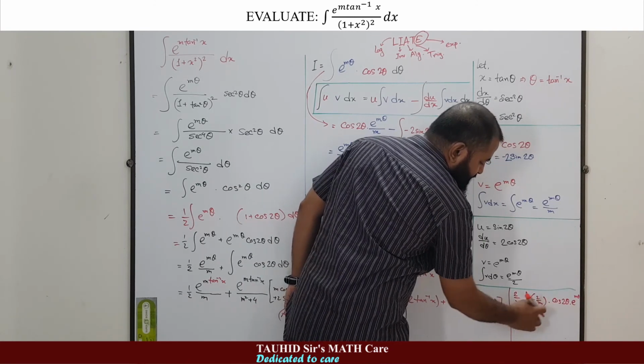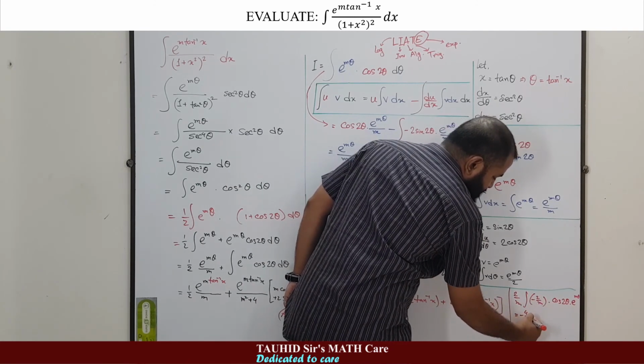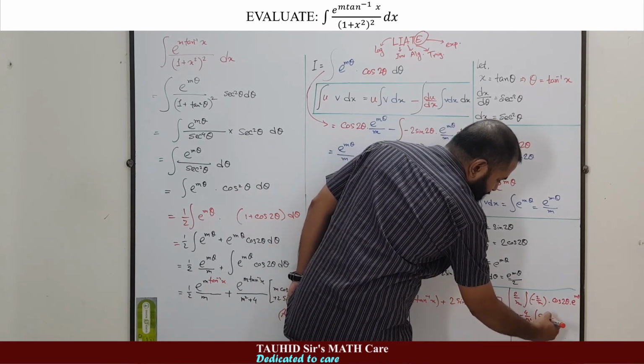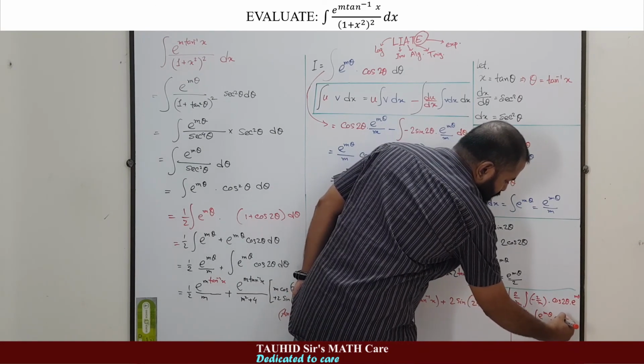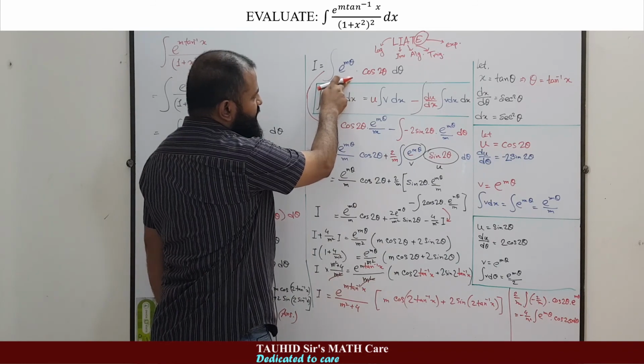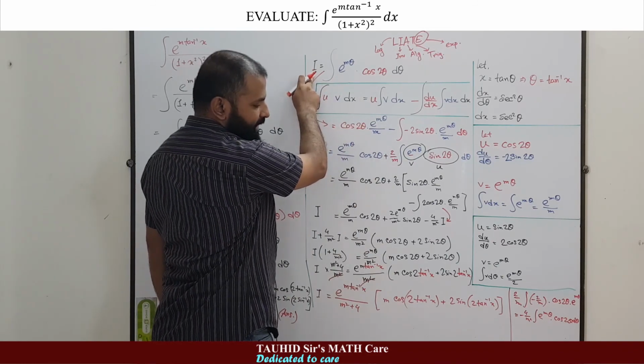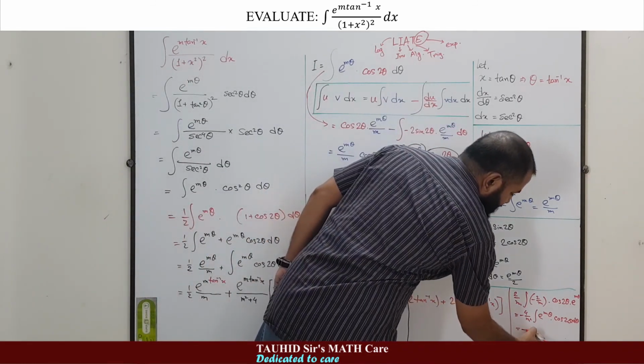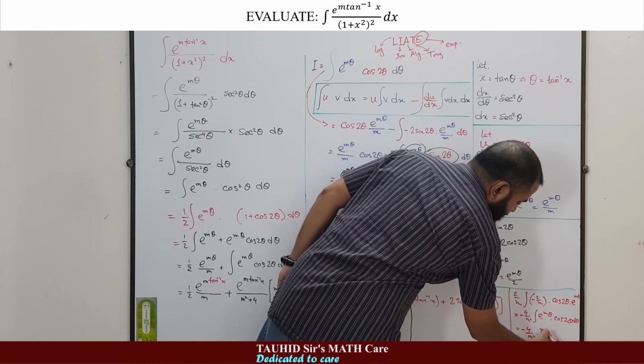I can bring this outside, minus 4 by m square integration of e to the power m theta into cos 2 theta. Notice here that we assumed e to the power m theta cos 2 theta to be I. So we can write here minus 4 by m square I.